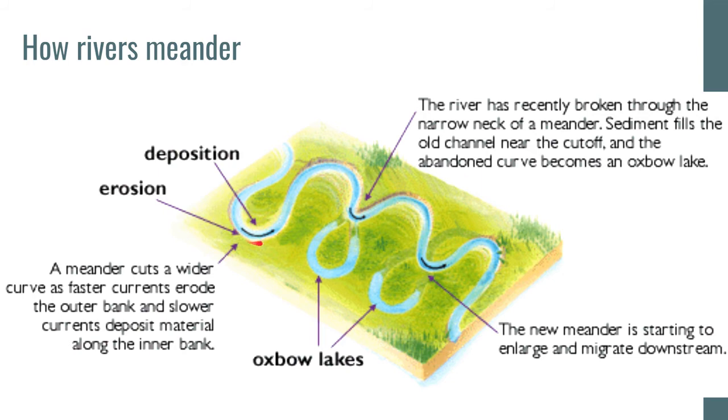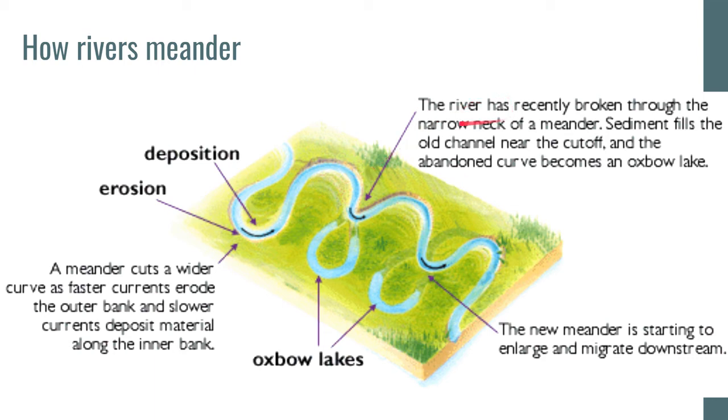On the outer part of the river, where there's rapid movement of water, that's where erosion happens. On the slow, inner part of the river, that's where deposition happens. On the outer part, with stronger currents, erosion happens.